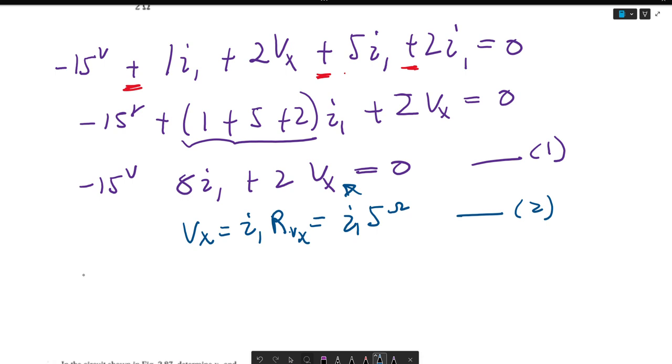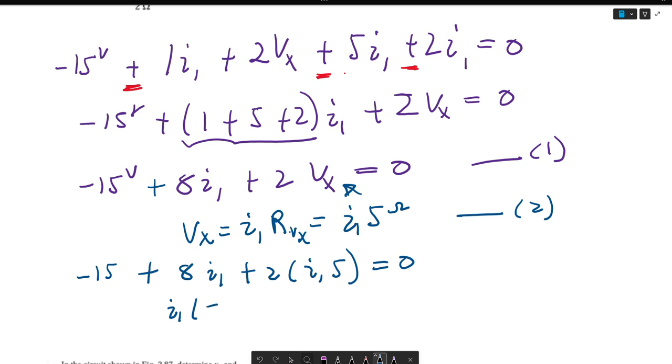And we could say then that negative 15 plus 8 times I1 plus 2 times I1 times 5 is equal to 0. We can pull out an I1. We're left with 10 plus 8.